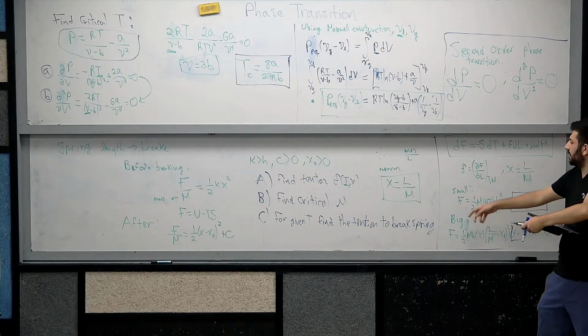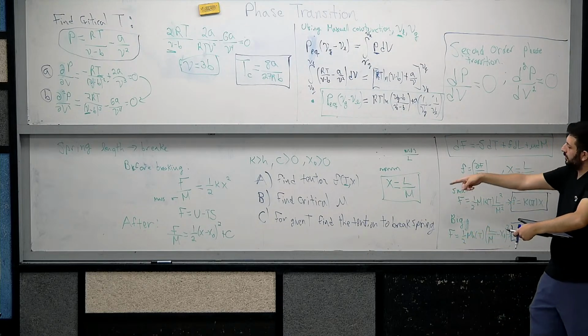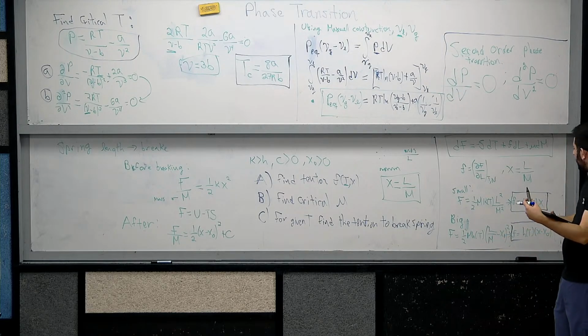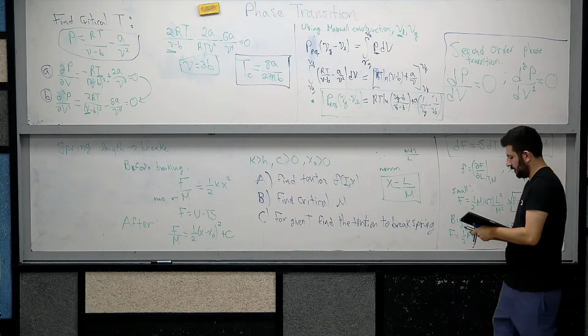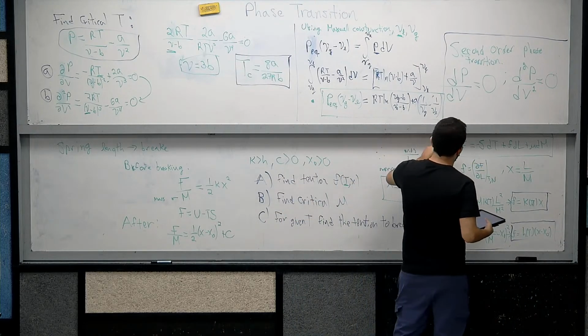So I just plug the definition of x into the free energy and perform the derivative. Okay? And I got these two expressions. So that's how we find A.